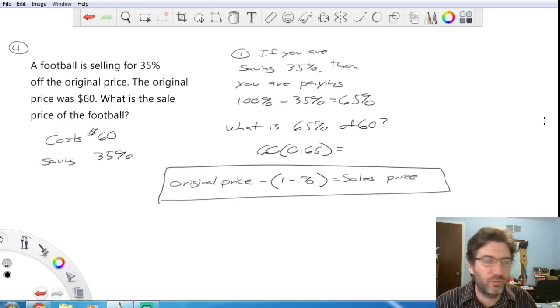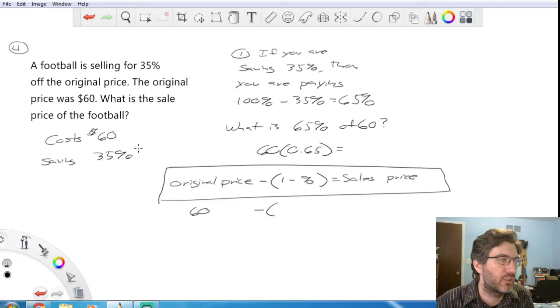That's going to be true for all of these if you want to rationalize things. So your original price here was $60. You're going to multiply that by 1 minus your percentage, but again, use your percentage as a decimal. So this is actually going to be 0.65, which is 1 minus 0.35, and that equals your sales price.